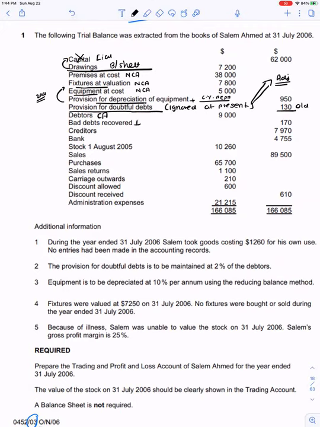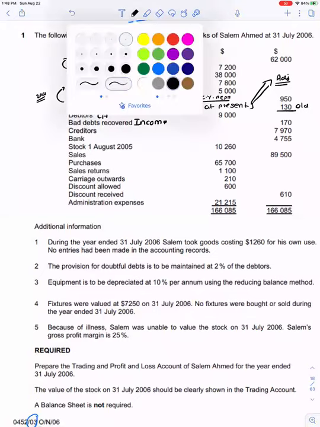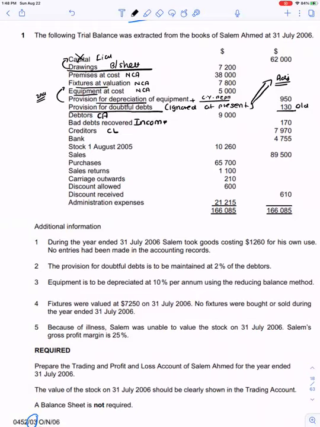Bad debts recovered is an income. Then I have my creditors, which is a current liability. Bank is a current asset. Inventory in the trial balance is always the opening inventory.